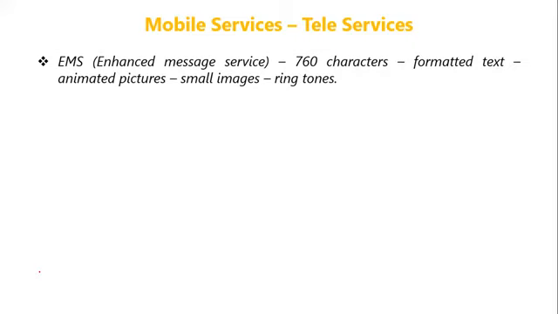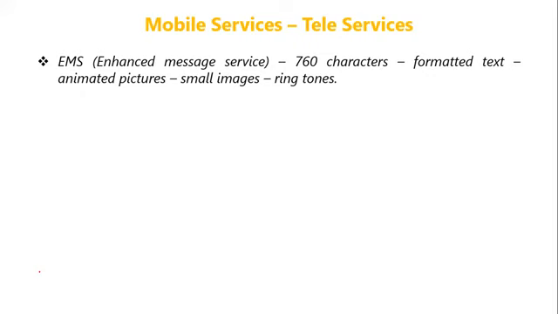The original SMS can support only up to 160 characters, whereas EMS can support up to 760 characters. It also allows formatted text and transmission of animated pictures, small images, and ringtones in a standardized way.